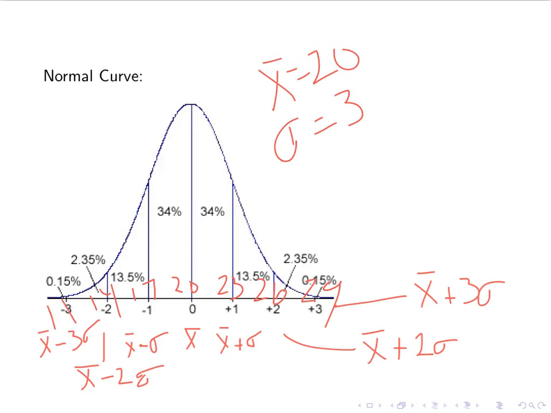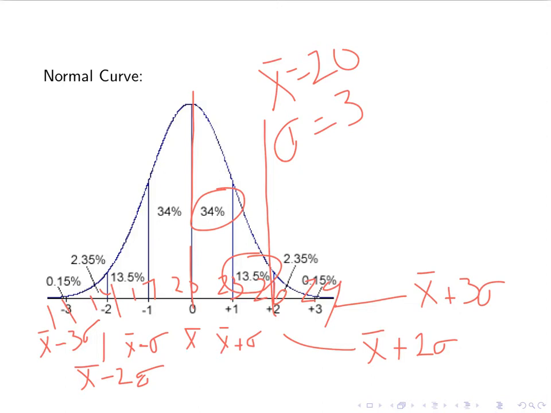Okay, so again, I'm going to give you x bar and sigma, and you just have to fill in the bottom part. And then what we're doing with this picture is anytime I want to find the percentage of values between so many numbers, so in our case between 20 and 26, I'm going to look from 20 to 26, and I'm going to add the percentages that are between those two.